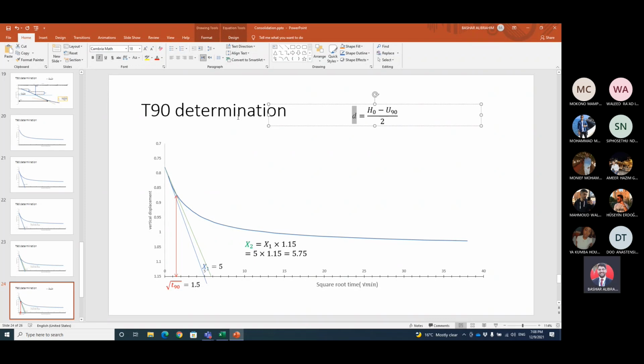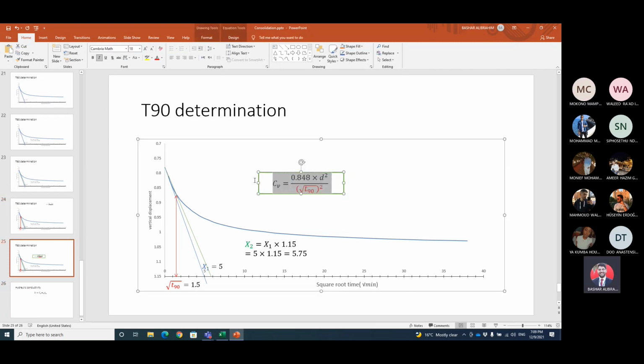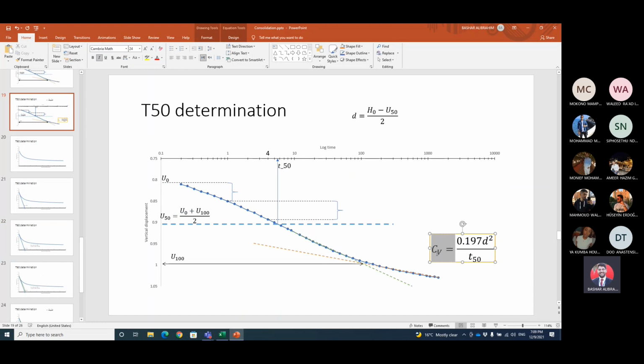So the largest path is the height divided by 2, and when we compress the specimen, the drainage path also reduces. Okay, this is how we find the root T90 and we find CV. So you need to do this for every load again. As you can see, from T90 we get CV, and from T50 we get another CV.